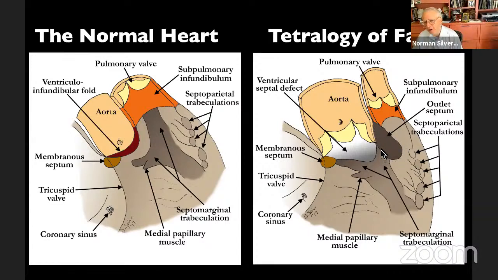If you followed Professor Anderson's talks on the Congenital Heart Academy, you will see that this is the conal septum that grows down in the spiral fashion and is part of this malalignment. So this is the fundamental of what goes wrong in tetralogy of Fallot. So valvular pulmonary stenosis and ventricular septal defect is physiologically similar, but is anatomically different.